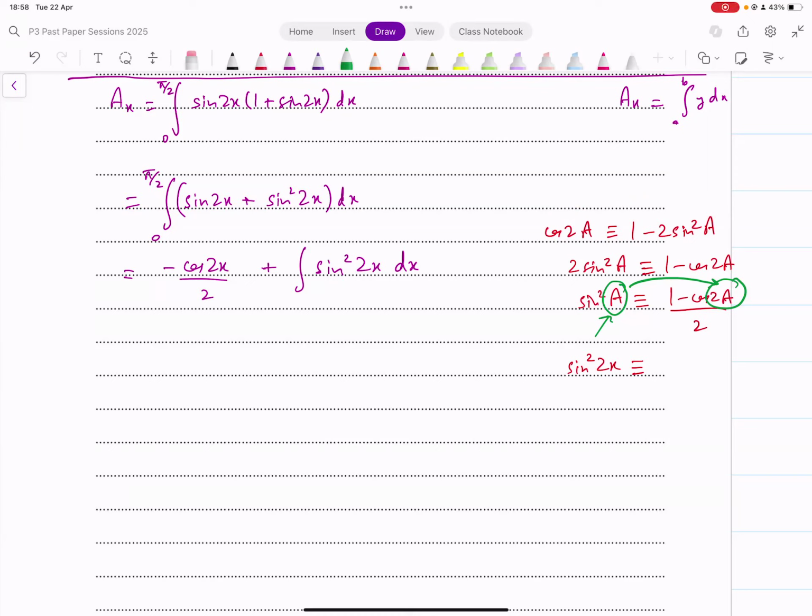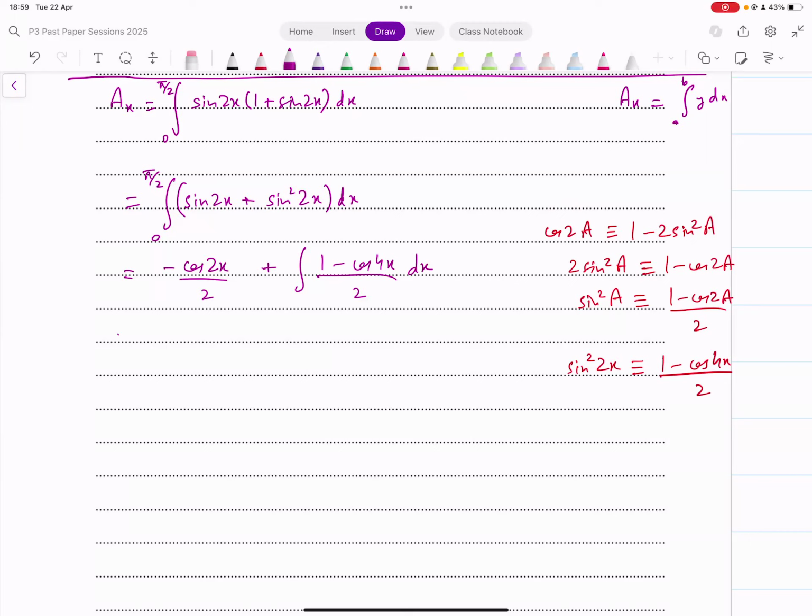If we have 2x on the left side, on the right side we would have 4x. So sine squared 2x can be written as 1 minus cos of double of 2x, which is 4x, divided by 2. So I can replace this integral, the integration of sine squared 2x, with 1 minus cos of 4x divided by 2, and that's an integration that we can do directly now.